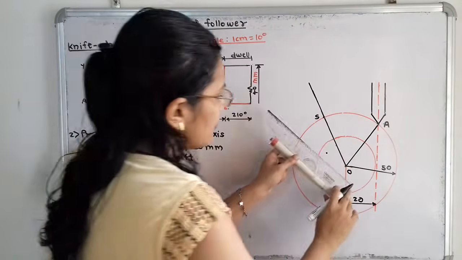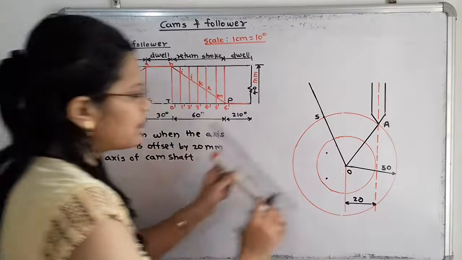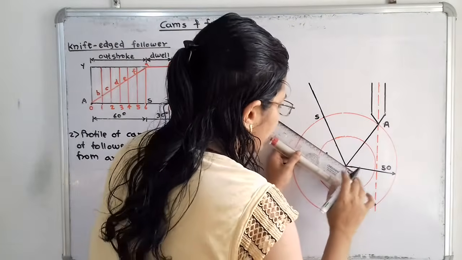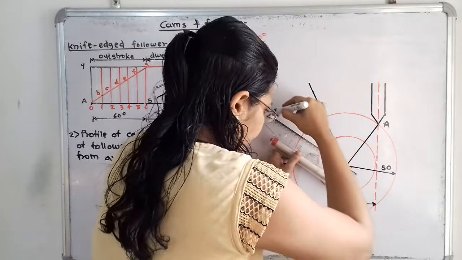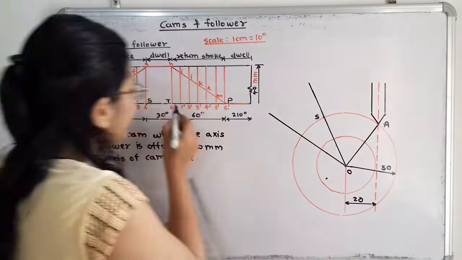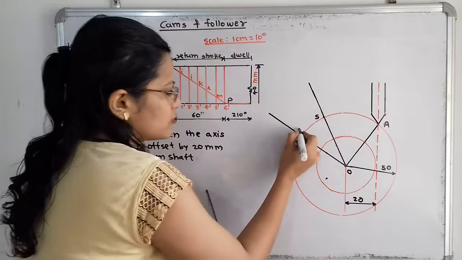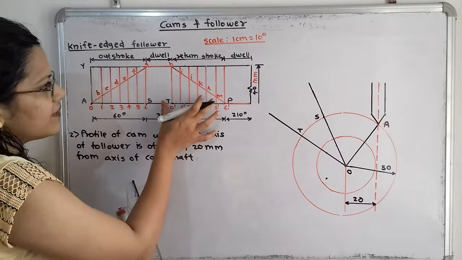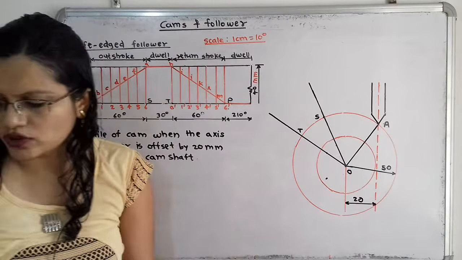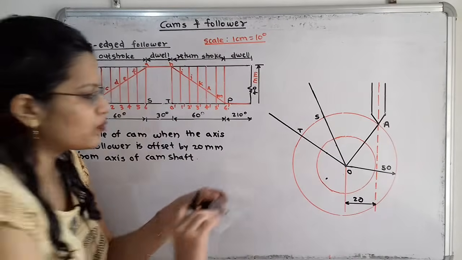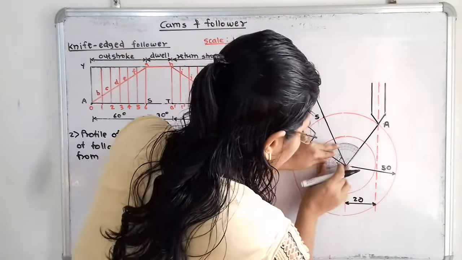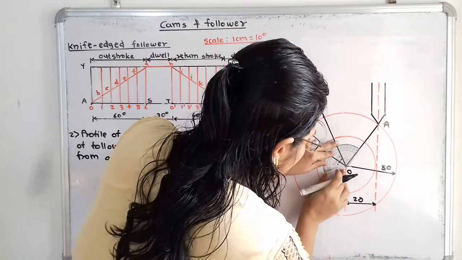Then when it completes its dwell period, again there is the point T. So I have shown it here. Here is the point T. And then when it completes its return stroke, here for the return stroke we have to take 60 degree again.